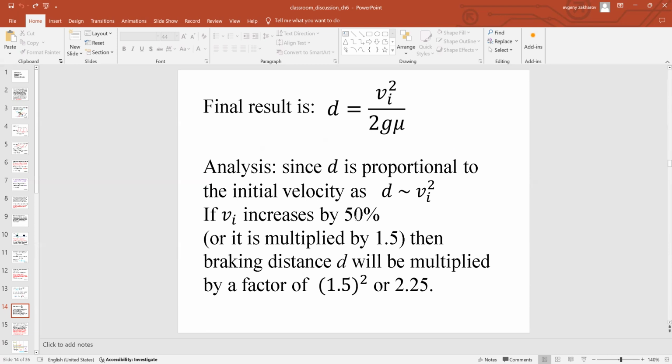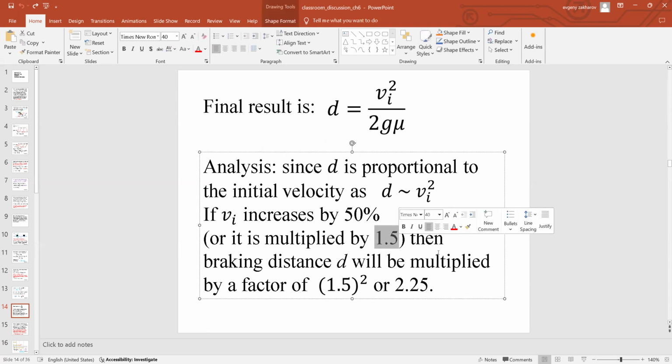Well, 50% more means 1.5, the coefficient of 1.5. And then you have to square that, because see how velocity is squared for the distance traveled, and squaring 1.5 gives you 2.25. So your distance would be more than double.